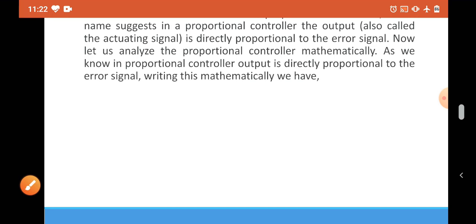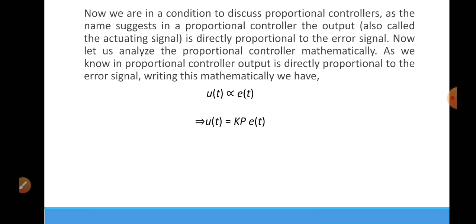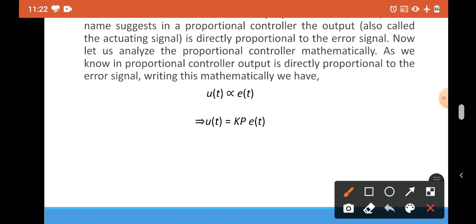Now the error signal is directly responsible for the value of your actuating signal. As we know, the proportional controller output is directly proportional to the error signal. It can be written in a mathematical form as below. So u(t) is your output signal, and it is in proportion to the input signal, that is your error signal.